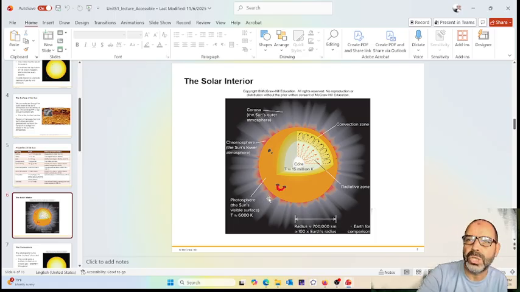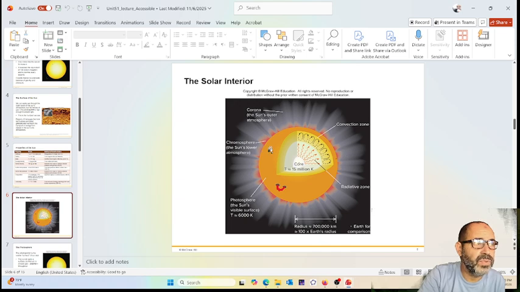That's 1,000,000 Earths that will fit inside the sun, because in each axis there is 100.